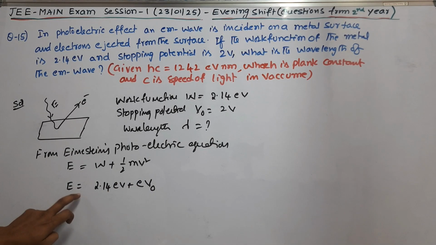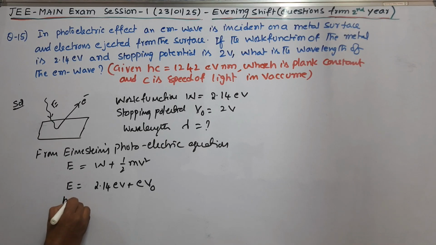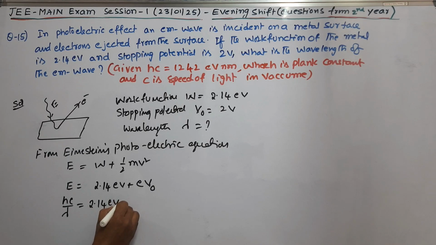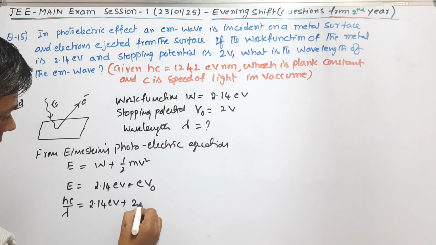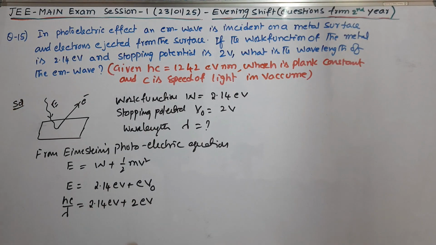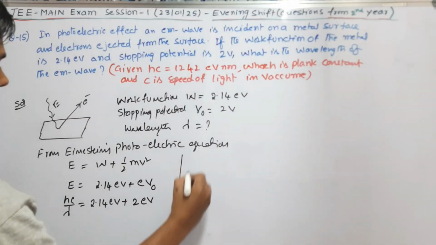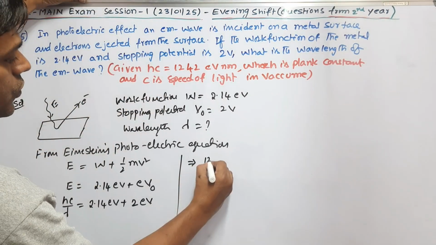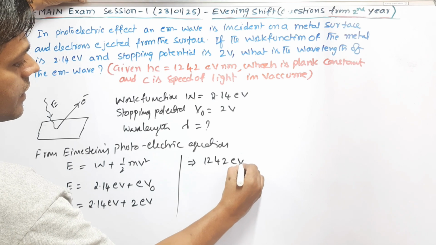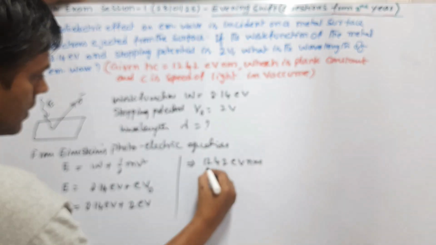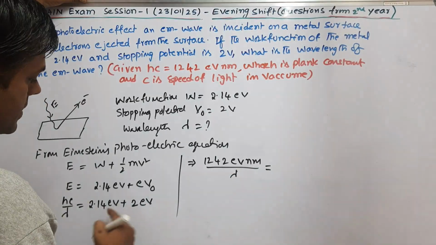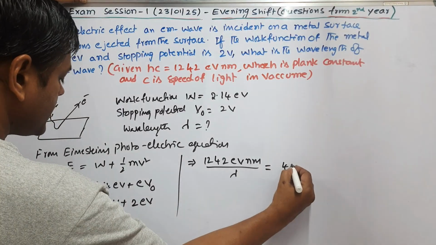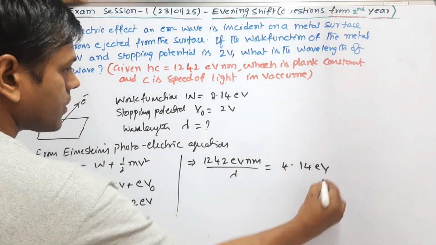So E is equal to hc by lambda is equal to 2.14 electron volt plus V naught, 2 volt, that means 2 electron volt. That implies hc, already given in the question, is 1242 electron volt nanometer by lambda is equal to 4.14 electron volt.